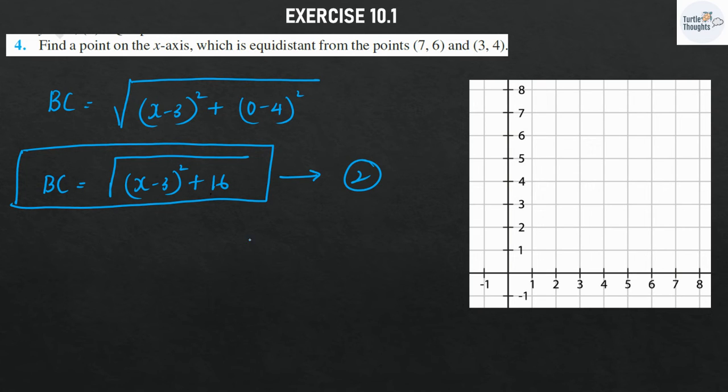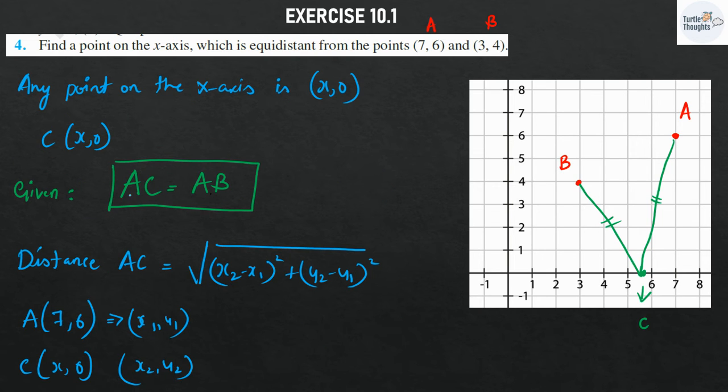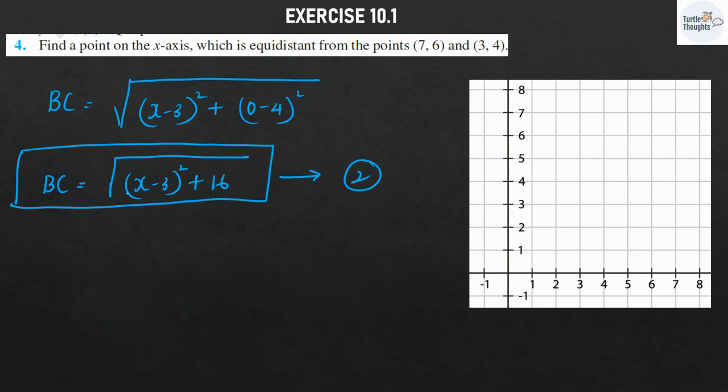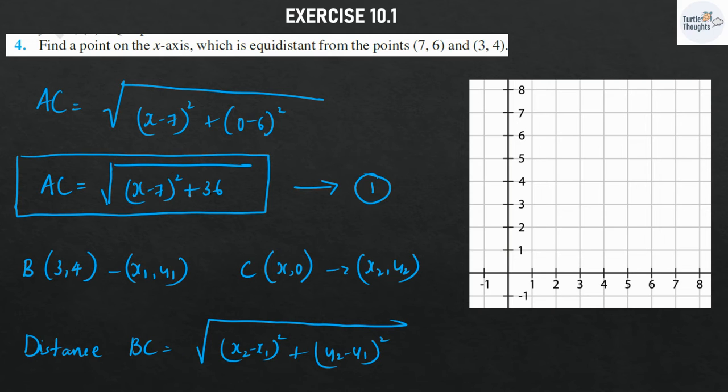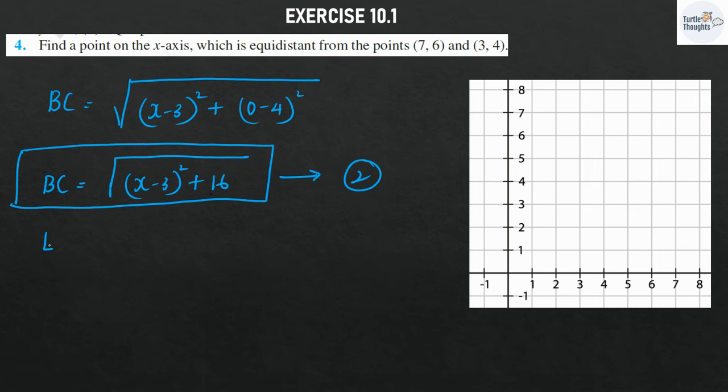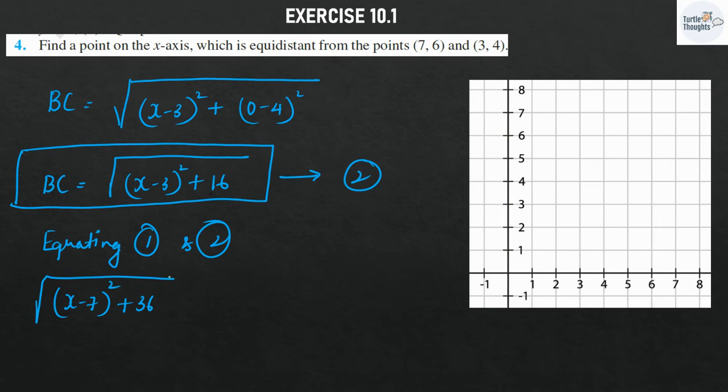Now, in the question, they have already given that AC is equal to BC. So I can tell that if they are equal, equating equation number 1 and equation number 2, I will be getting the root of (x minus 7) whole square plus 36 should be equal to the root of (x minus 3) whole square plus 16.